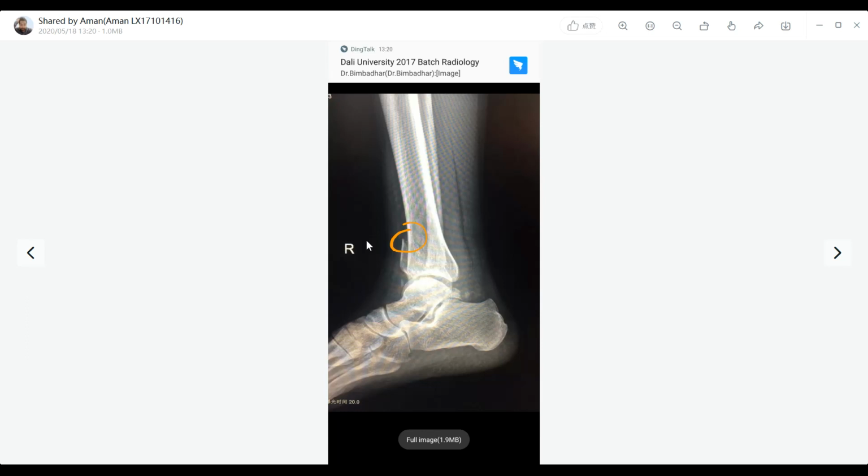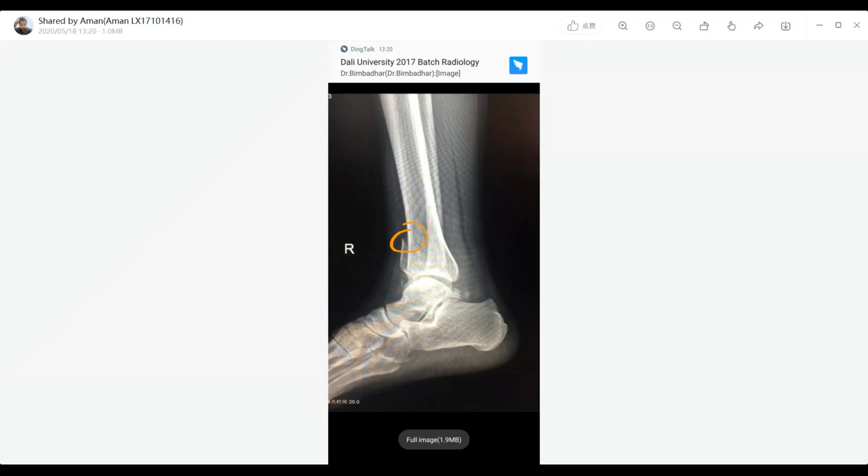I have missed a fracture, okay, right? So you have to compare both the views and compare the diagnosis on both sides, because you see here there are two fractures. One fracture is present down on the tibia, one fracture is present down on the fibula.